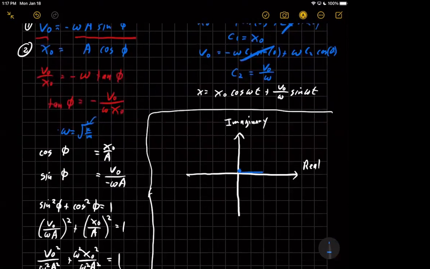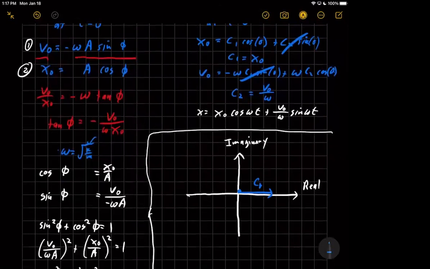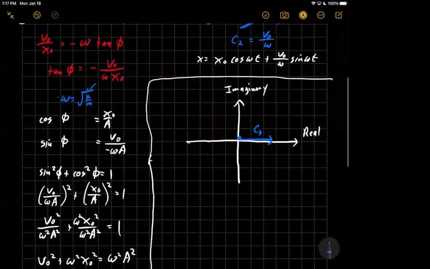Just draw it in here, which is C1 in length. Now I'm drawing it right on the real axis, and here's why: C1 is coupled with the cosine of theta. If you look at a cosine function over time, it starts at its maximum and does this.